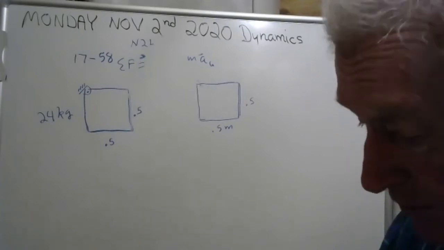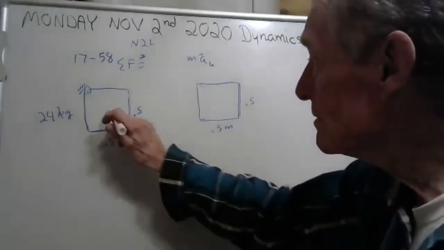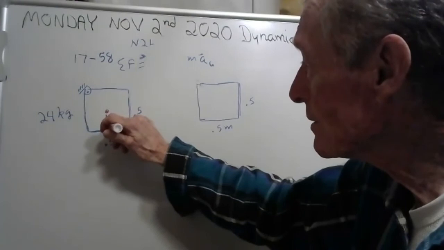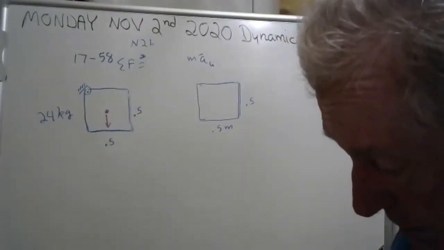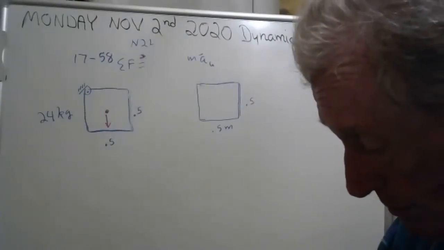Well, let's get the red pencil out. Won't there be a weight going down right here of, I don't know, what's 24 times 9.81?